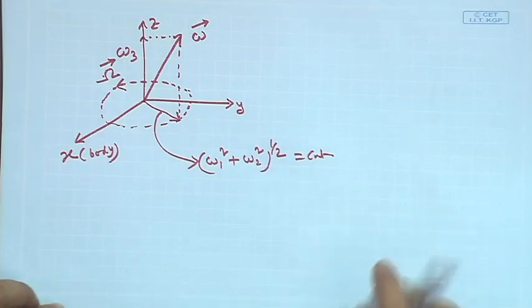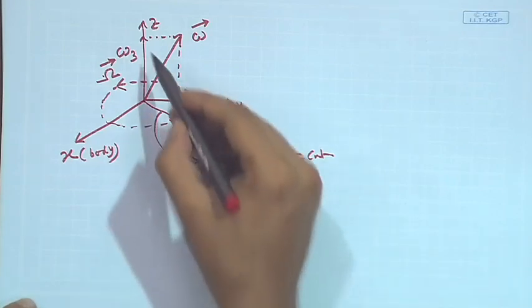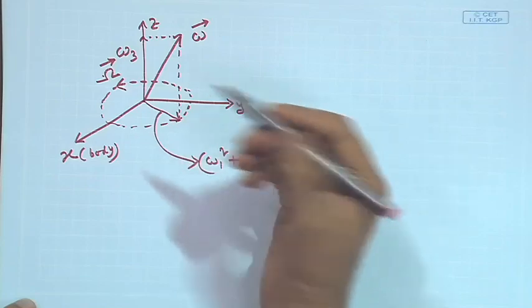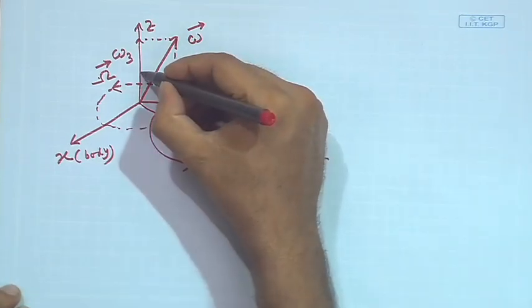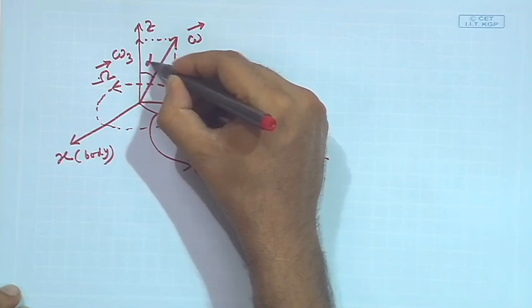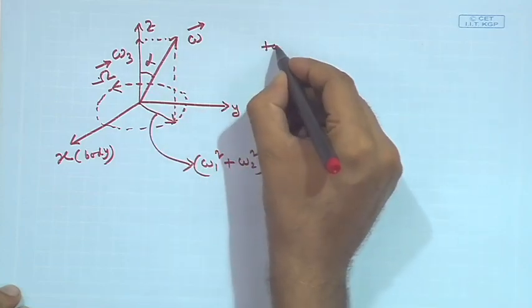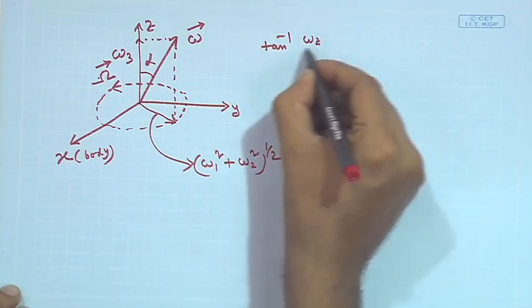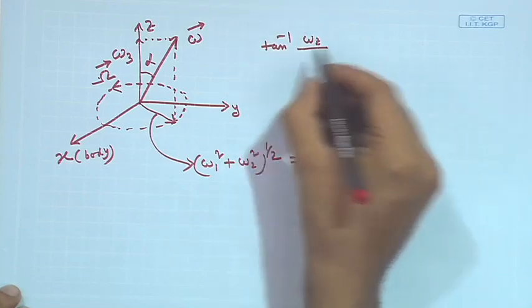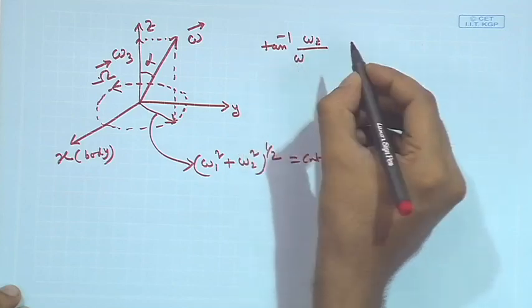Okay. Now, if this one is rotating and this one is fixed, that means what is summarized in Professor A.K. Roy Choudhury's book: this angle is constant, some alpha, which is given by tan inverse of omega z divided by omega.